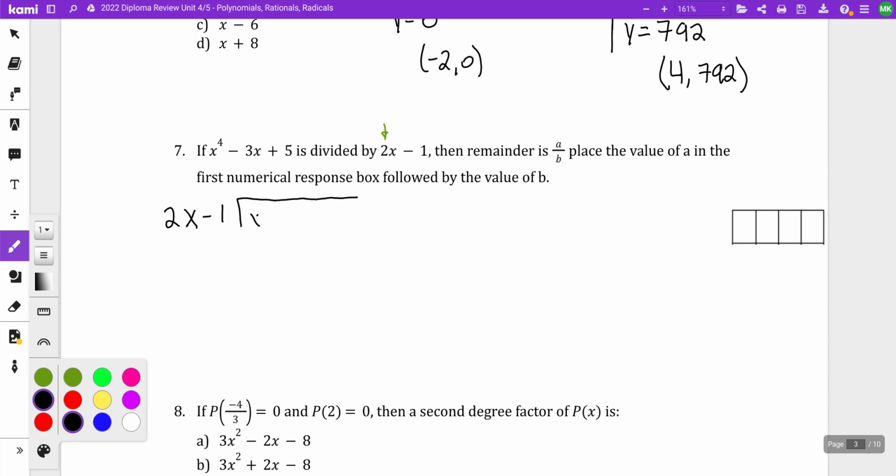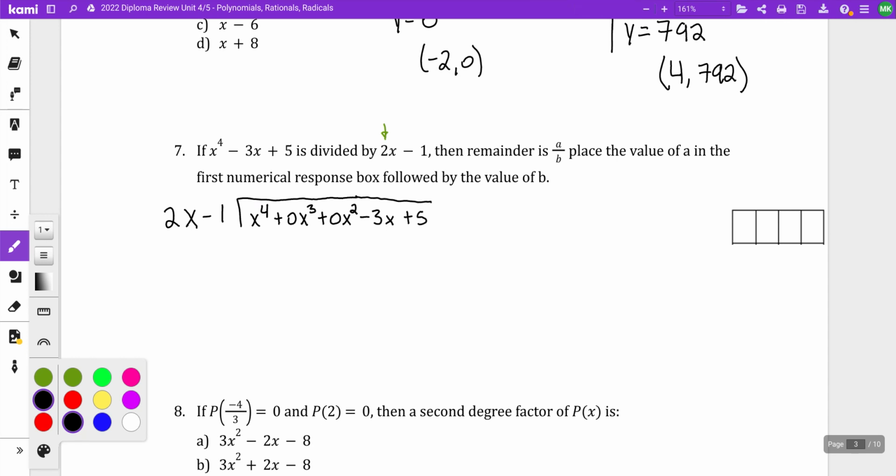I put x to the power of 4, but then I don't put minus x, 3x. I put plus 0x cubed, plus 0x squared. Then I put negative 3x. Then I put plus 5.